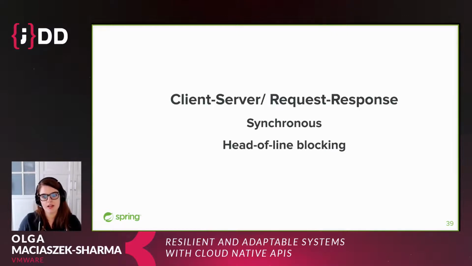So a lot of times our clients will just keep polling the service to check if anything has changed, because there is no easy push mechanism where the server can inform us of changes. It is also synchronous, and because it is typically TCP-based, there is a lot of handshake overhead for every connection. And as there is the head of line blocking problem, we usually also have many connections open, which is not very efficient.